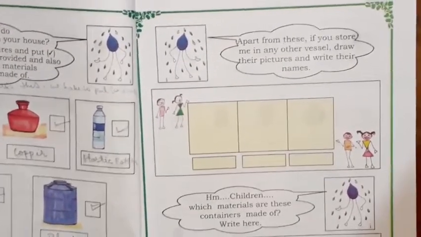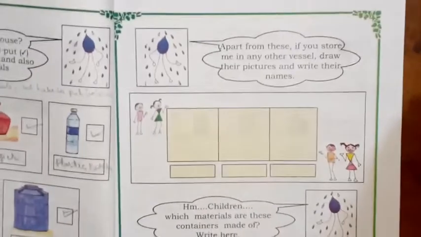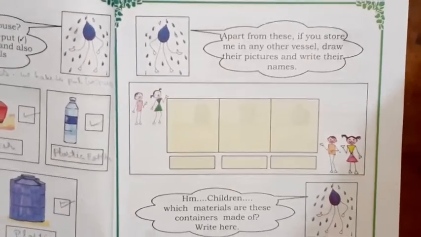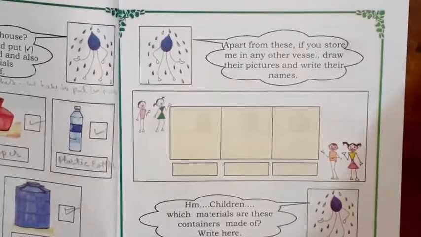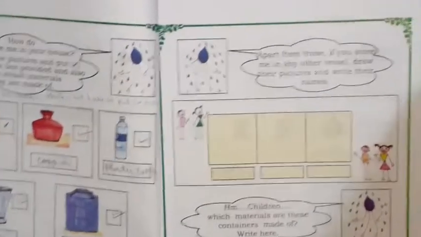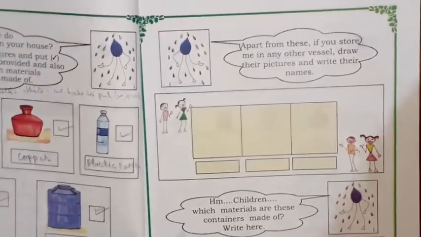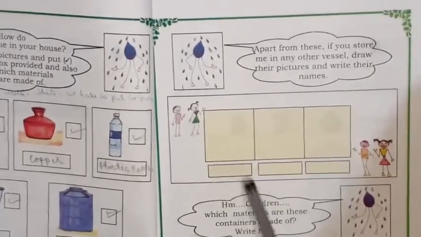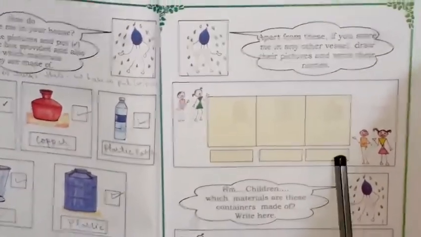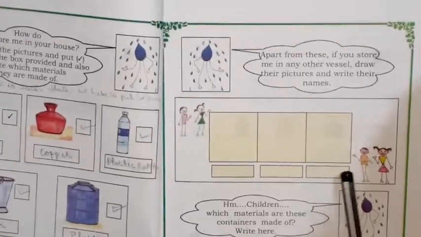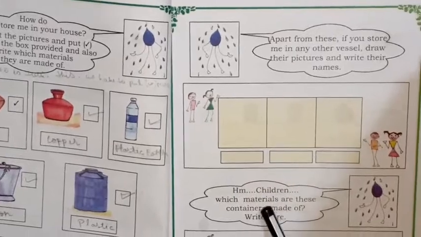Like on the last page, children, we have seen that steel is used, plastic is used, mud is used, iron is used. Apart from these, if you have any other vessels, that means other storage containers, then you have to write it in this box, children. You have to draw the picture and write the names below. If they are in your house, they use any other vessels to store water.